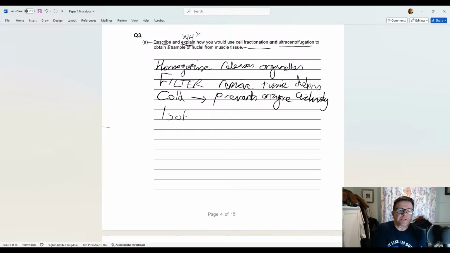Isotonic just means the water potential is equal. Why is that? Well, it prevents osmosis because you don't want your samples to shrivel or expand.